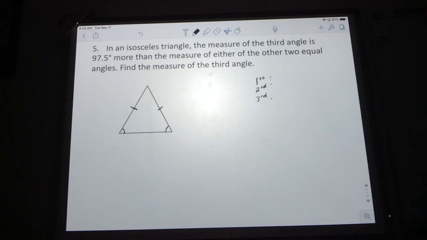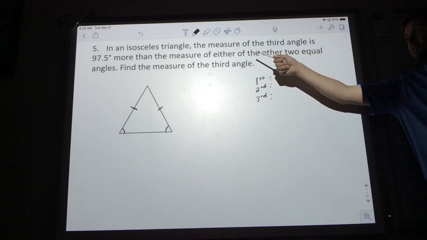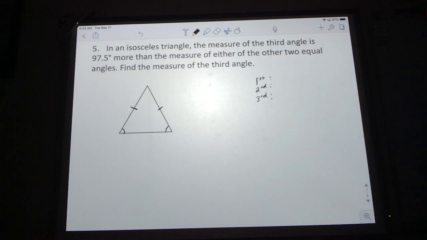What are we basing our information on? On the other two, right? It says the third is 97.5 more than the other two. So that means the other two are our bases, our X. That means the third is X plus 97.5. So that means these are our X's, if you would like to label.